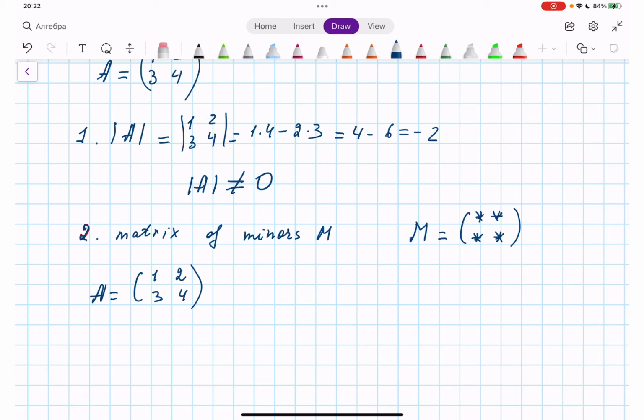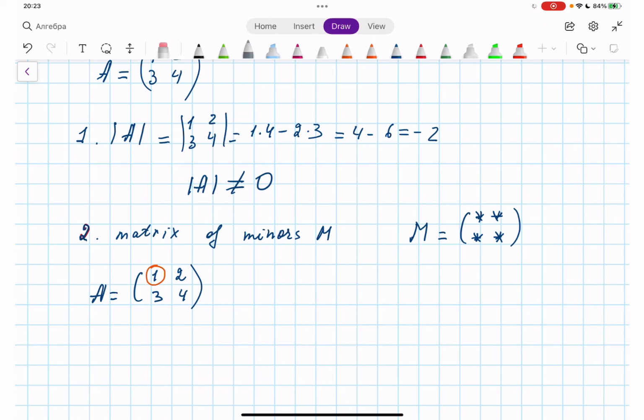First, let's look at the top left element. How do we find its minor? You can cross out in your mind, but right now I want to show you.